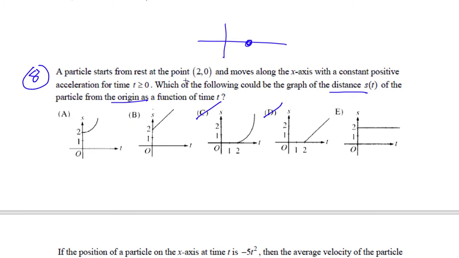So I start with a distance away from 0. I know that because I started farther away from 0. And then it moves along the x-axis with a constant positive acceleration. So these all represent distance, or you can think of this as position of the particle. If we're talking about acceleration on a graph of position, this is really talking about concavity.